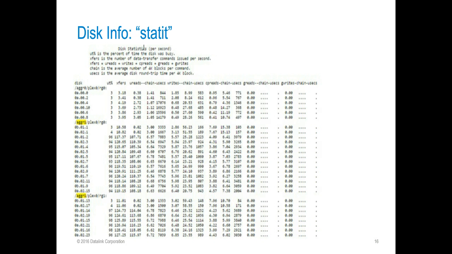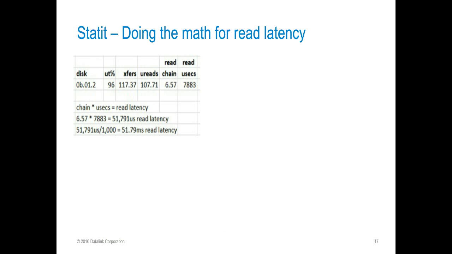So from the Statit output, we can do some math to find out what our read latency is. Here you can see I just took one disk. It was 0b.01.2. It was being utilized 96%. Its XFERS, which means IOPS, is 117. 107 of those IOPS are reads, and we are seeing a read chain of 6.5, and we're seeing read USEX of 7,800.